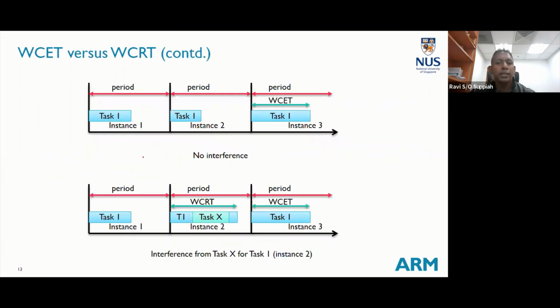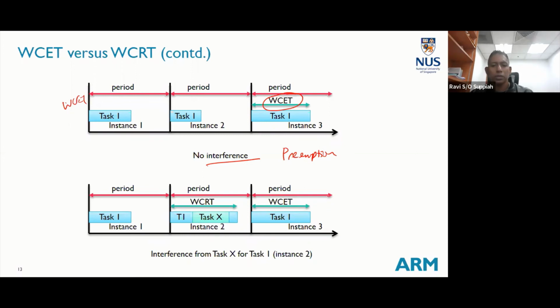In worst case execution time, this is WCET, I look at the case where I start the task and I can complete the task without any interference. When we say interference, it basically means preemption, that means some other task comes in to take over the CPU. So that is worst case execution time. That means I run from start to the end without any interruption.